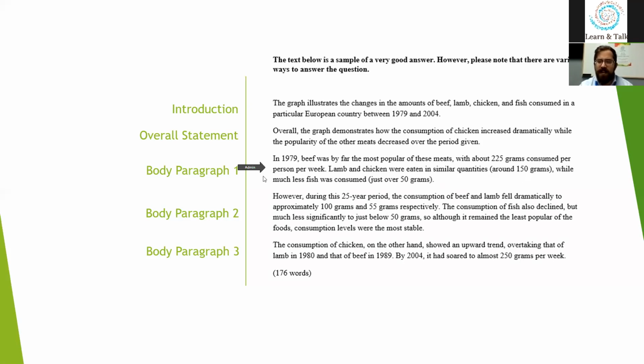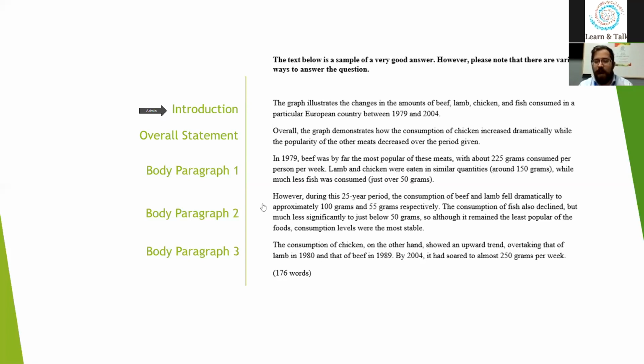So you can see here that already we have our body paragraphs divided into different groups, different ideas, but also that we're starting to see absolute figures here. We're seeing the 225 grams, specific figures from the chart. Lamb and chicken were eaten in similar quantities. Again, we're giving the exact number. So those belong in your body paragraphs, not in your overall statement and not in your introduction, but in your body paragraphs. So first we talk about in 1979.